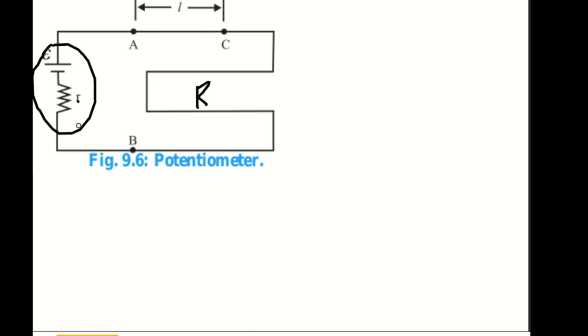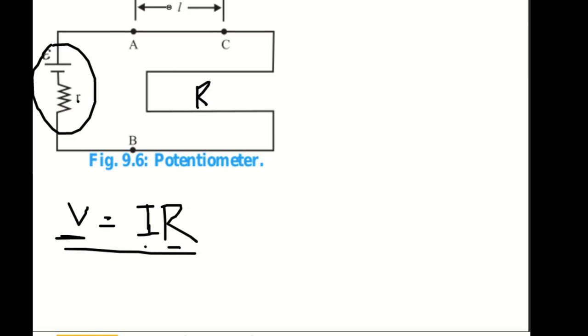Now what will be the current flowing through this circuit? We know according to Ohm's law, V is equal to I into R, where V is potential difference or voltage, and that is equal to current times the resistance. So if we have to find out the current, we will divide by resistance in this equation.